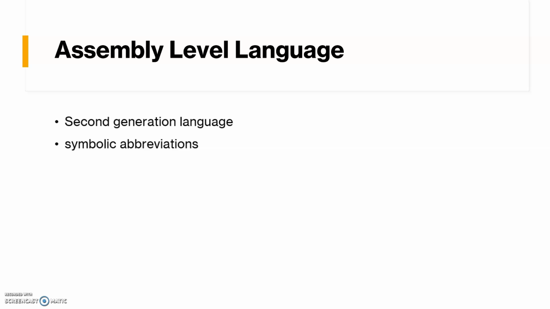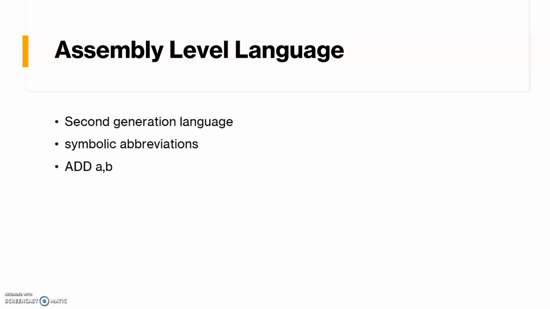Some codes have been given for a particular pattern of zeros and ones, and those codes can be used in place of those patterns. Those codes are called operation codes or opcodes. A simple example: whatever zeros and ones combination we saw in the machine level pattern, that complete pattern has been given a mnemonic of ADD.